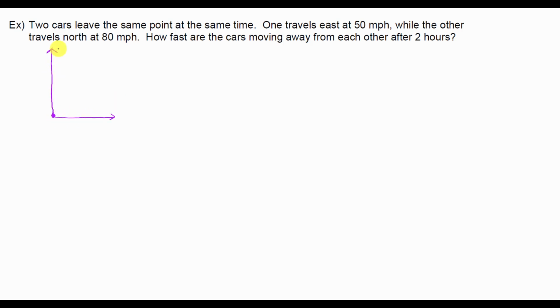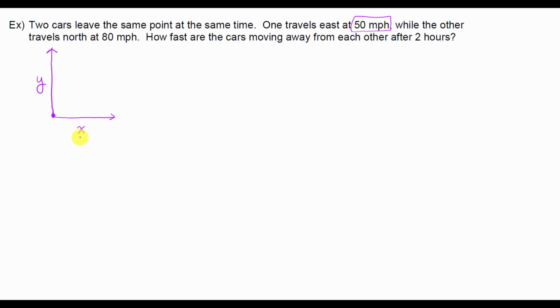For the one traveling east, we need to come up with variables. Let's call it x. And going north, let's call it y, since one is the x direction and one is the y direction. And what is given to me? They said one travels east at 50 miles per hour. That's a rate, right? That's a speed, which is a rate.